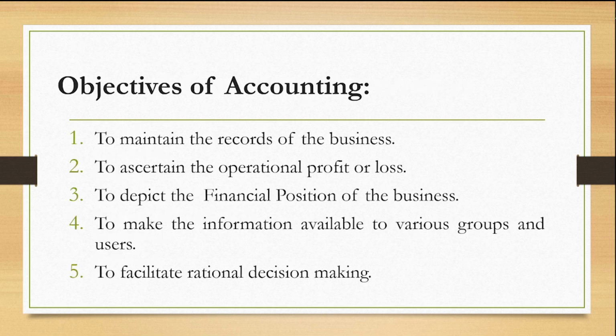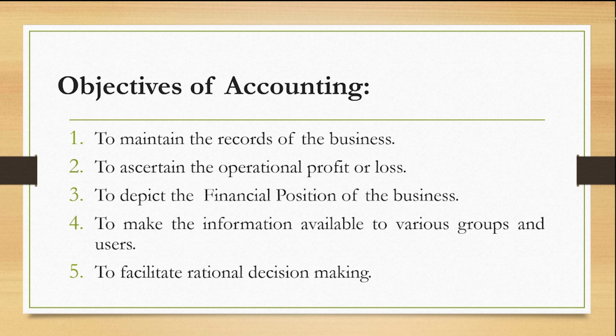Now let's discuss the objectives of accounting. The objective of accounting is, number one, to maintain the record of a business. Very important. If a business is not maintaining the record, then for future evidence they don't have any written document.